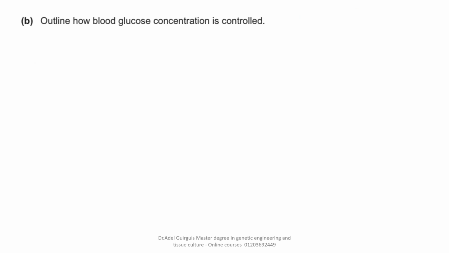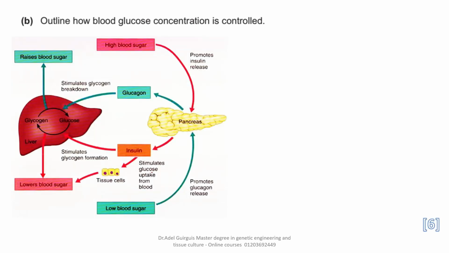Letter P, outline how blood glucose concentration is controlled. Controlled means homeostasis done by a negative feedback mechanism. Look, please. He asked about the main concept of how glucose concentration is controlled in our body.